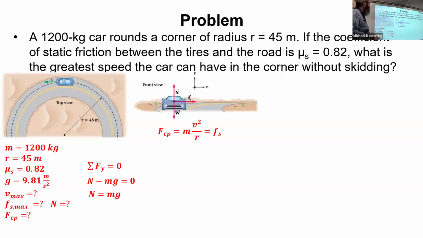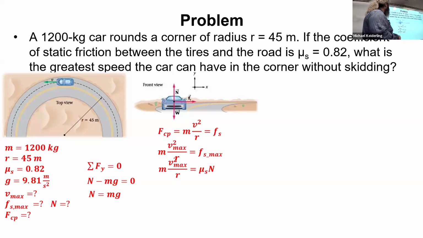The centripetal force equals the force of static friction, and that's mv squared over r. So m v max squared over r equals F static max, and F static max is mu static times the normal force. So v squared max is mu static times the normal force times the radius over the mass.